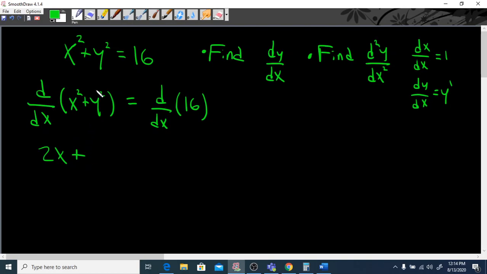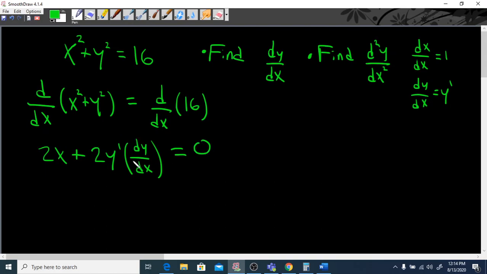Plus, y squared: first we have something squared, so 2y to the power 1, and then we move inside to the variable y. Remember, y is a function of x, so if we're taking the derivative with respect to x, we have dy/dx. That's the left-hand side. On the right-hand side, the derivative of 16 is 0.